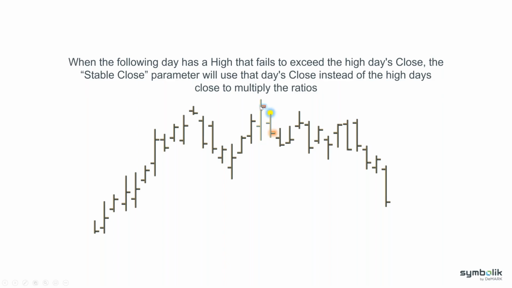You can see on this chart, I have the close highlighted in red with a blue circle around it. You'll notice that the next price bar's high, where the yellow circle is, does not exceed the high day's close. So what this indicator will do is say the stable close is actually not this high day's close, but the following price bar's close, because you can see to the right, this high intersects that close.